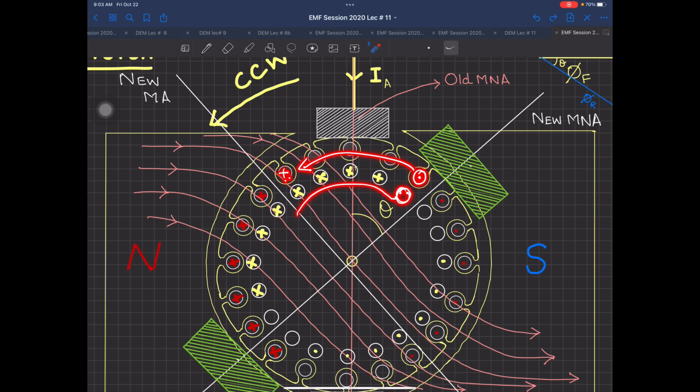If your speed is 800 revolutions per minute, first convert it into revolutions per second and divide to find out this is one slot, second slot, third slot, fourth slot. The time it takes for a dot to be converted into a cross is the time taken by the winding to commutate. The word commutation here means the reversal of current inside your winding.